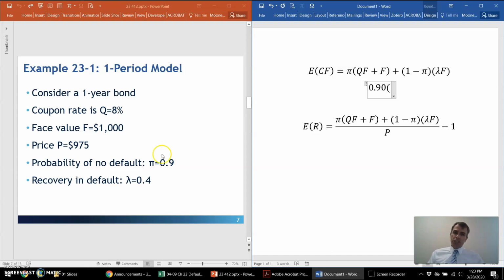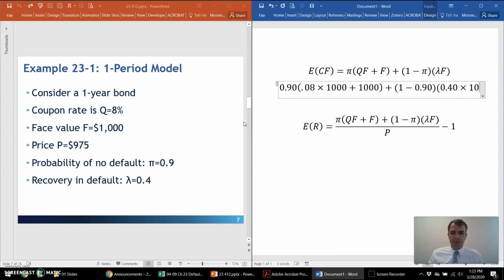So we've got a 90% chance of receiving the cash flows in the event of no default, right? 90% chance of receiving the coupon rate times the face amount, $80, plus the face amount. And then there's a 1 minus pi chance of receiving the recovery amount, lambda, 40% is the assumption, times the face amount.